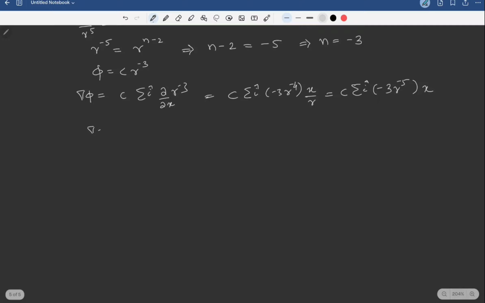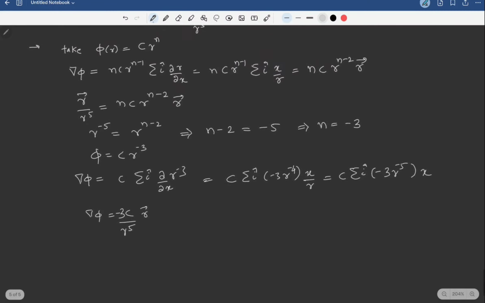After simplifying, we get del psi is equal to minus 3c by r raised to 5 into r.